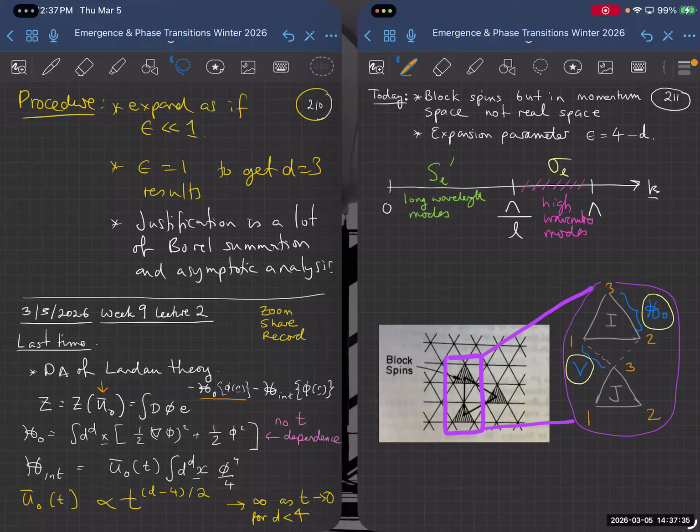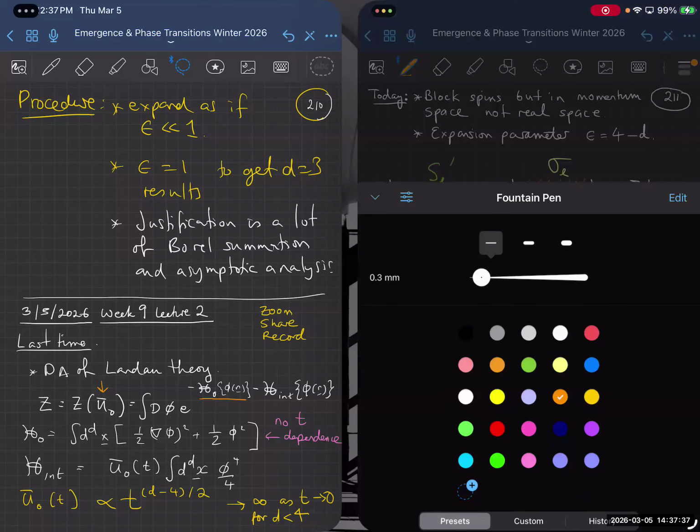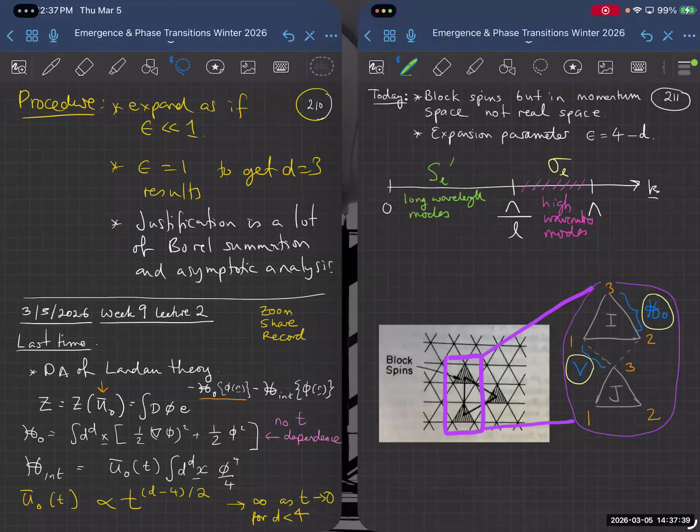The spins within each block, which we call the sigmas, are the high wave number modes, and they occur here. If the blocks have a size of the lattice spacing times L, then we're taking momentum states which go from lambda to lambda over L.